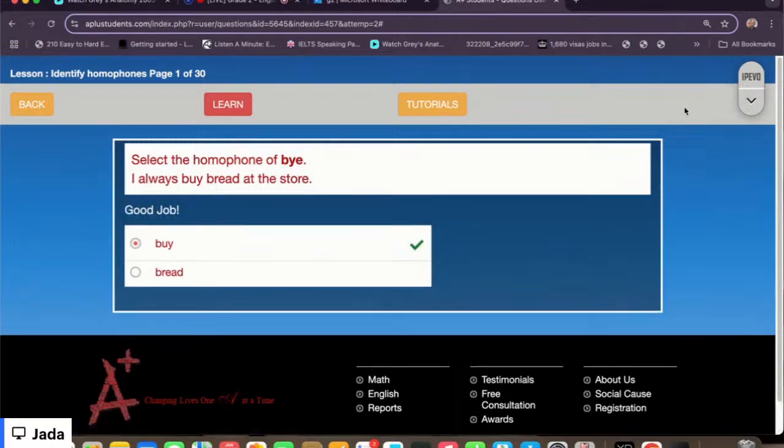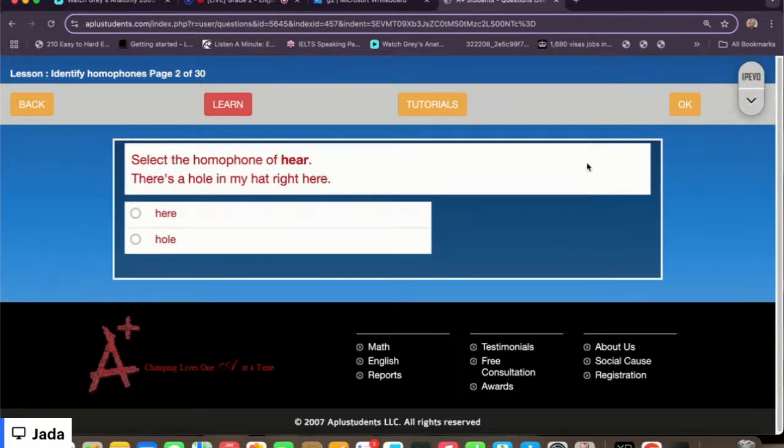So the next one we have, there's a hole in my hat right here. So select the homophone of here. What is the homophone of here? What is the right homophone for here?